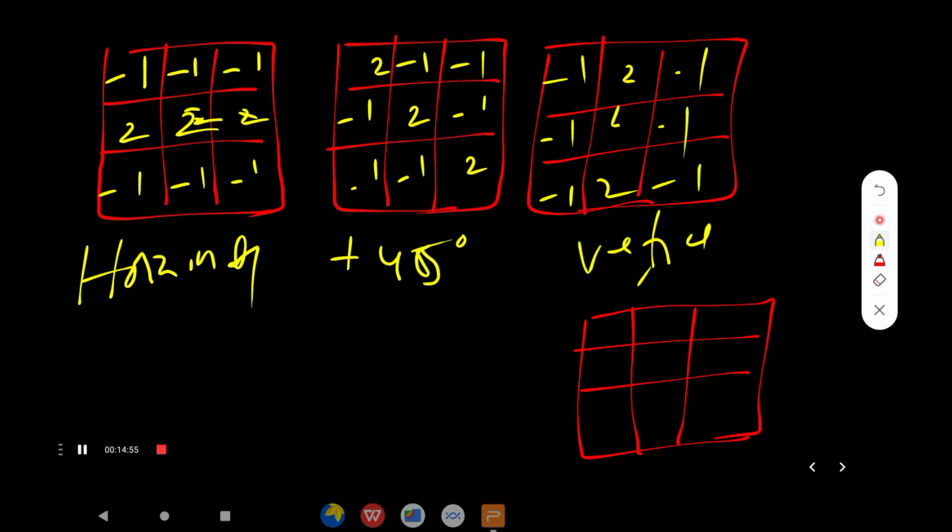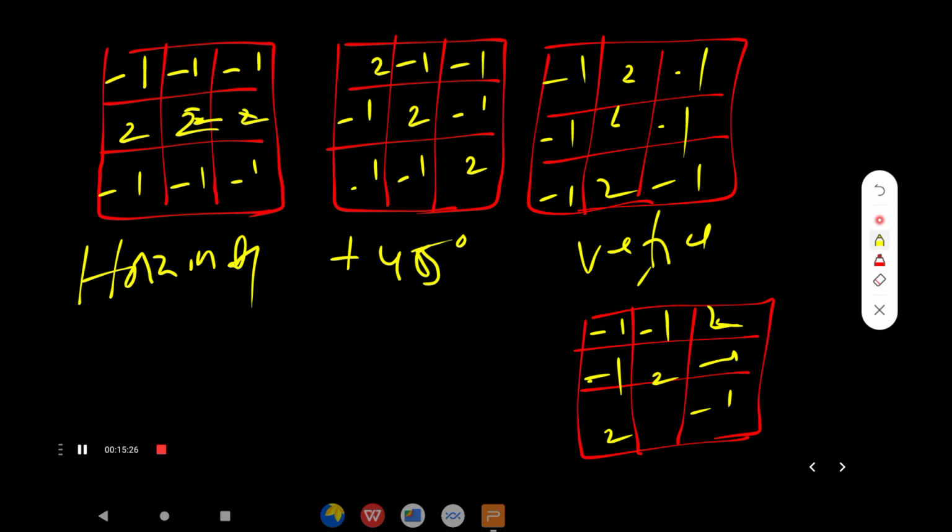At the same time, for minus 45 degrees, it is minus 1, 2, 2, 2, minus 1, minus 1, minus 1. So this is for detecting the minus 45 degrees lines in the corresponding images. So with the help of these filters, we can identify the lines in the horizontal direction as well as the vertical direction, and plus 45 degrees and minus 45 degrees.